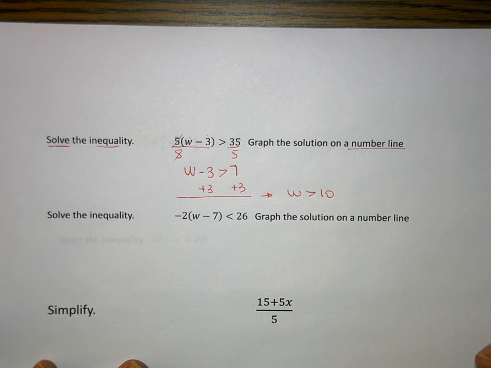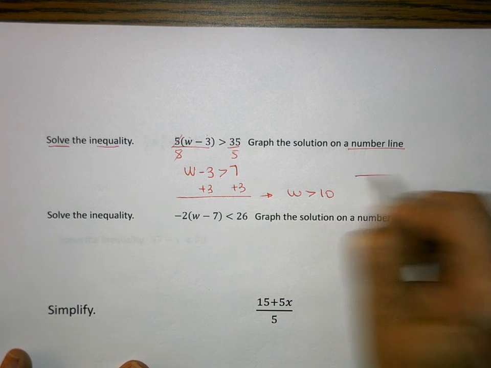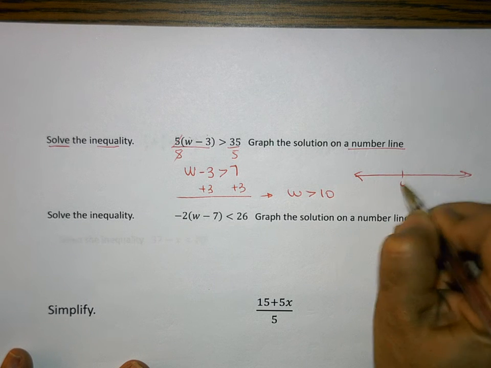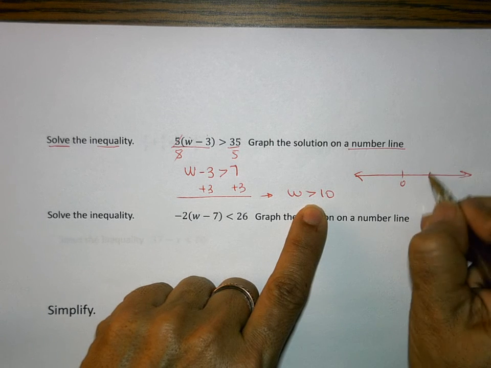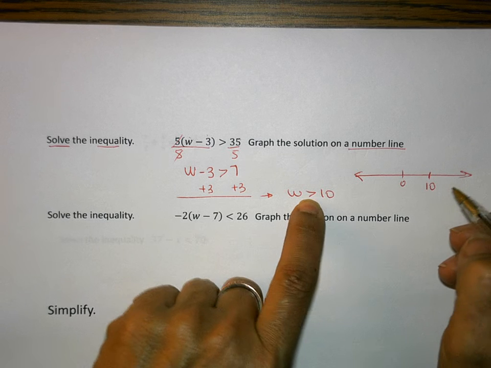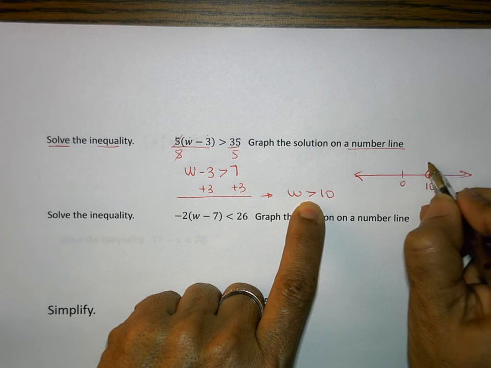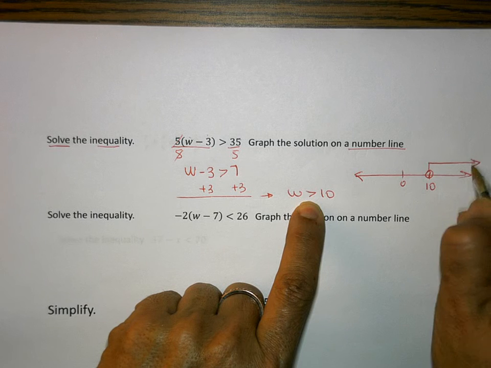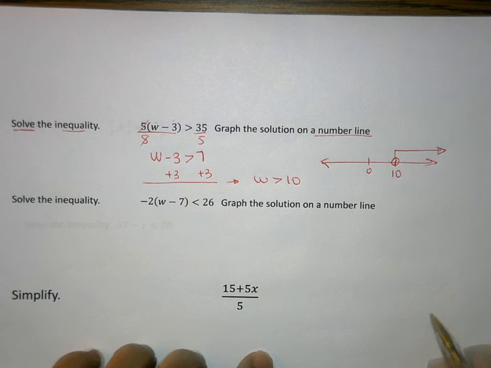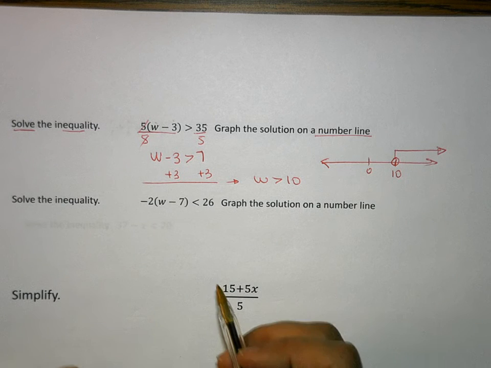So on a number line, I would show by putting the number line with the 0. I would place the 10 somewhere here. Because I don't have an equal under, I would put an open circle and show that I want all the w's greater than 10. Okay? And that would look like something like this. Now, if you wanted to distribute it, you would still get the same answer.